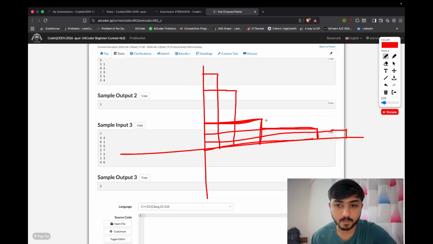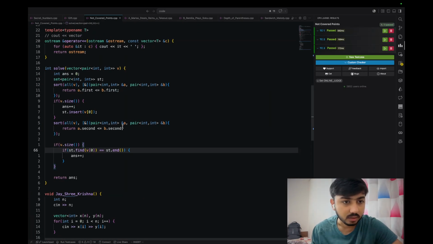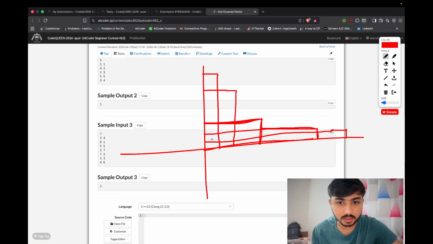Okay. This is a good observation. I think, yeah, we can do this. So what we'll do here is, that element is already picked up.